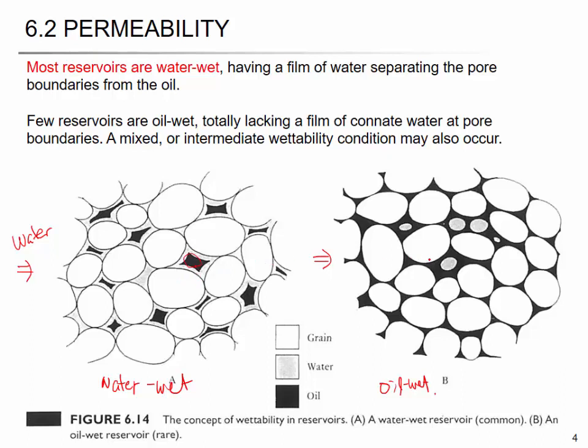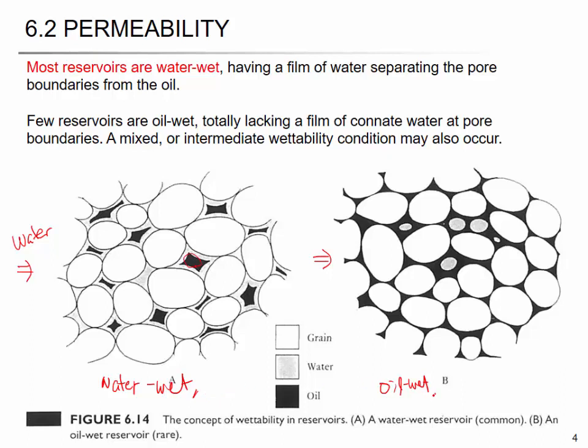In the oil wet case, you will have the oil coating the grains, and they wouldn't be detached easily, right? So water wet is more straightforward to produce the hydrocarbon, but the oil wet case is difficult.